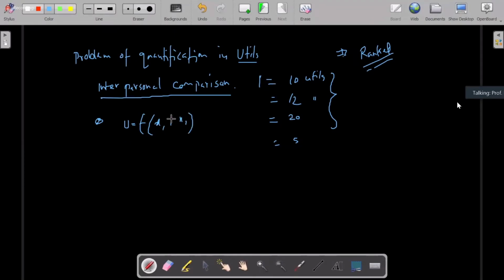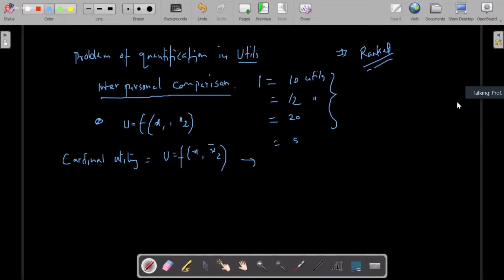When 2 goods are there, in order to make cardinal utility, we say that utility is a function of only x1, and we are making x2 constant.